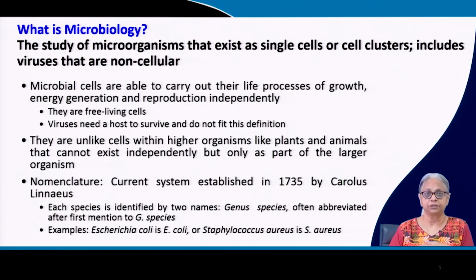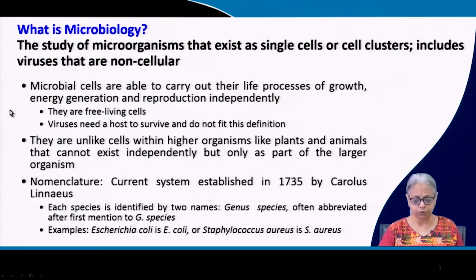Then we come to the nomenclature. This particular nomenclature was established as far back as 1735 by Carolus Linnaeus, and it is based on two basic names, just like my first name and my last name. So you have a genus and a species. The first name is the genus and the second name is the species, and often we write it in this particular form. We abbreviate it after the full first mention to genus dot species.